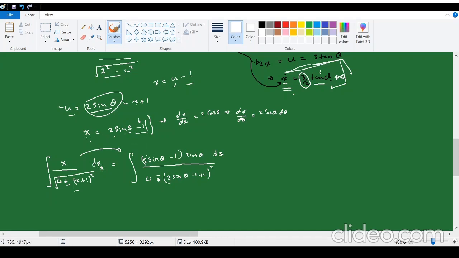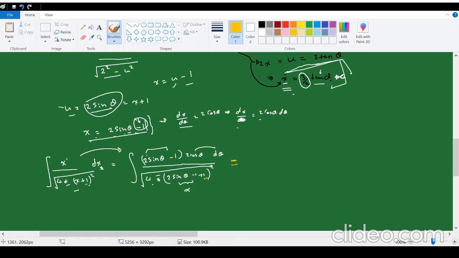Since this is the relationship between x and theta, you have to differentiate it, and then dx will be equal to 2 cos theta d theta, and here you have the term for x, and in the denominator you have a square root of 4 minus x plus 1 squared. Inside x you have a negative 1, and that negative 1 along with this plus 1 will cancel out.